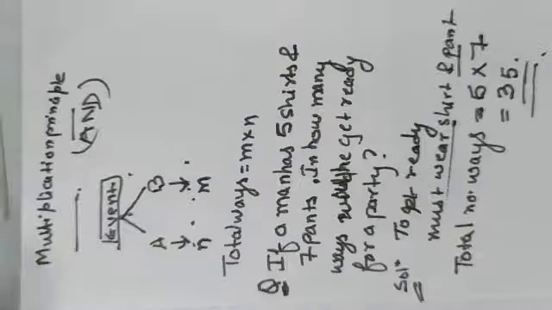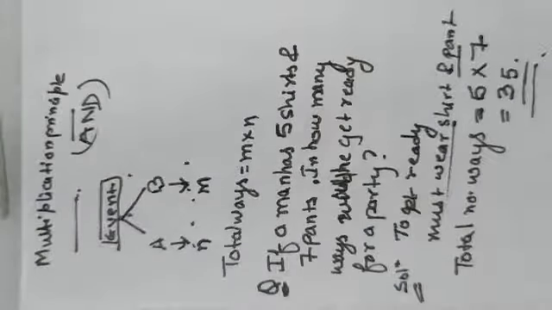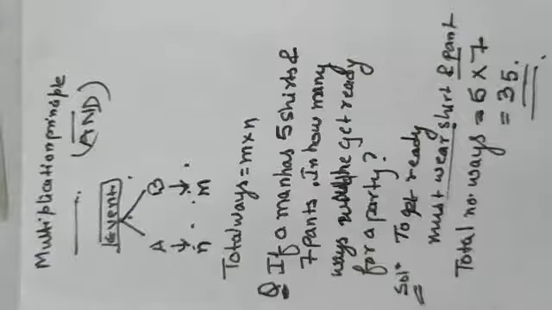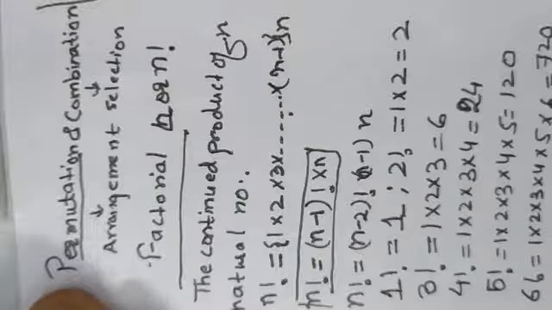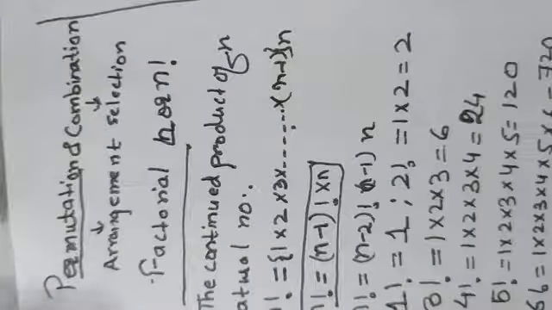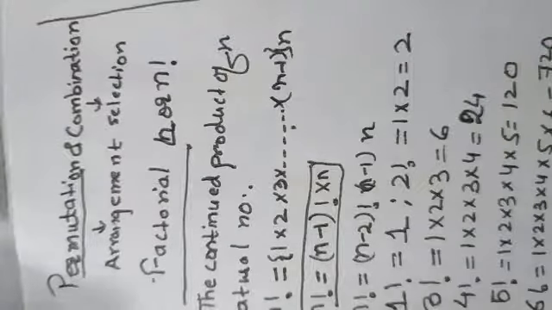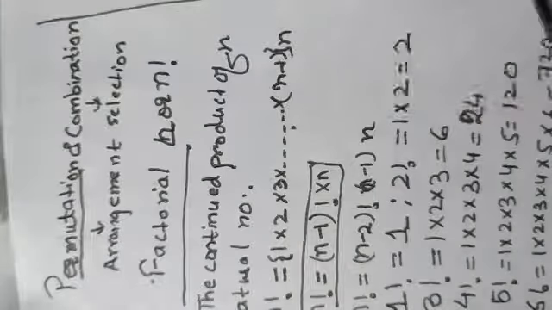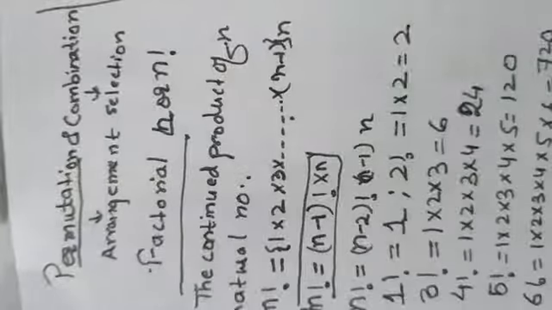Students, now I want to give you a quick recap of the things we have studied. First of all, we have seen the topic permutation and combination, and arrangement and selection are two other words for these respectively. Then we have seen the factorial notation, which is the continued product of n natural numbers.